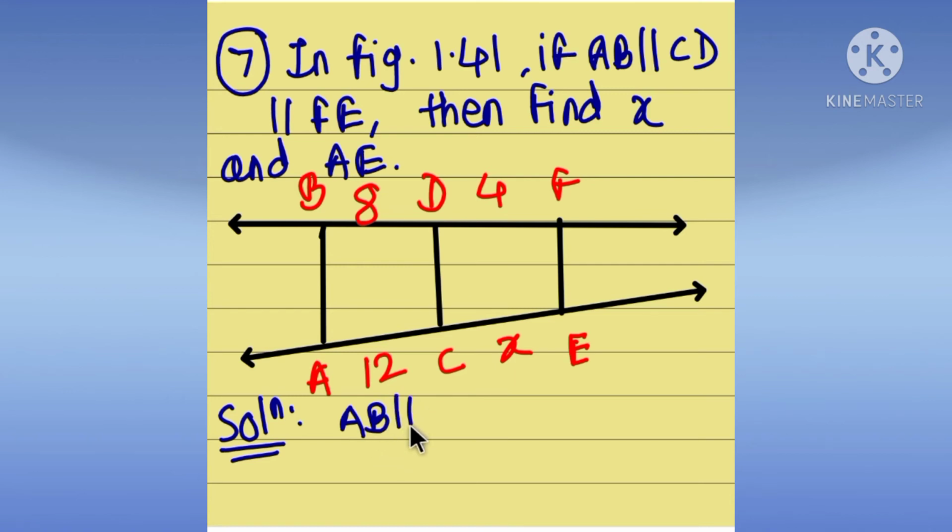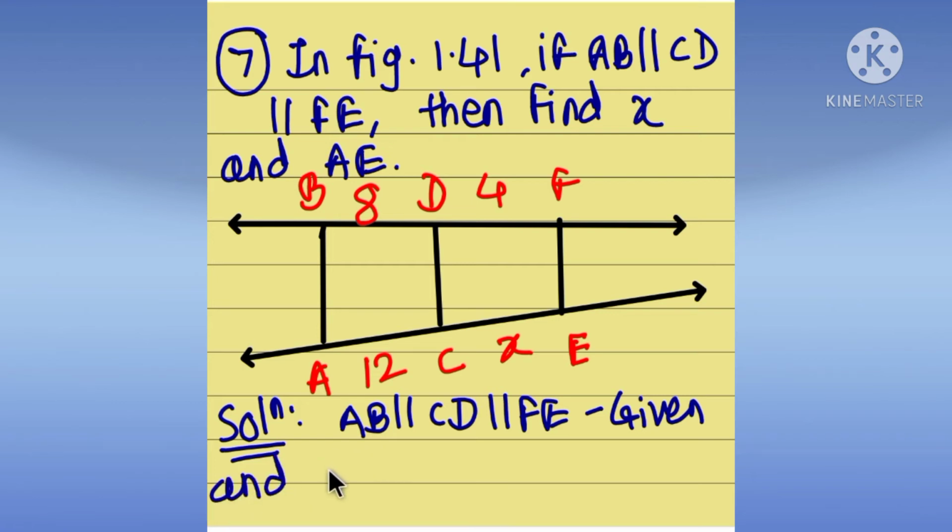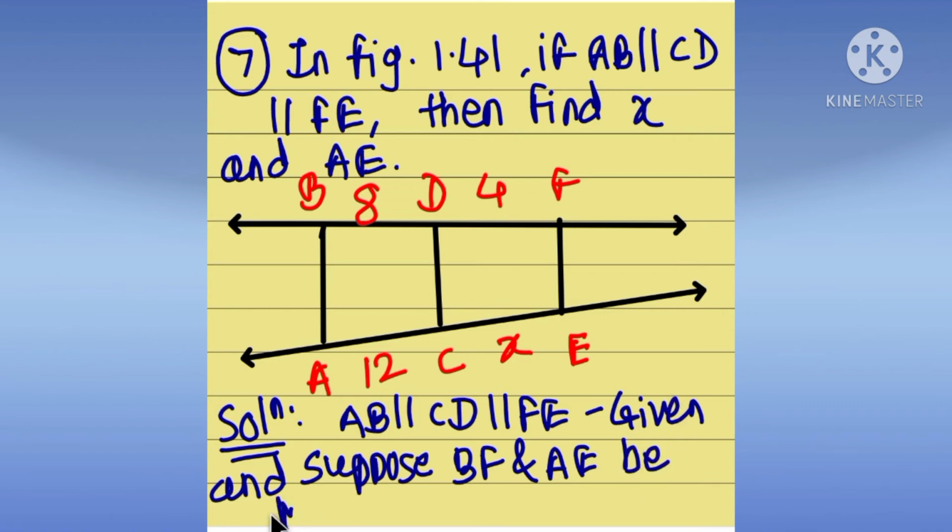AB parallel to CD parallel to FE, it is given, and suppose BF and AE be the transversals.